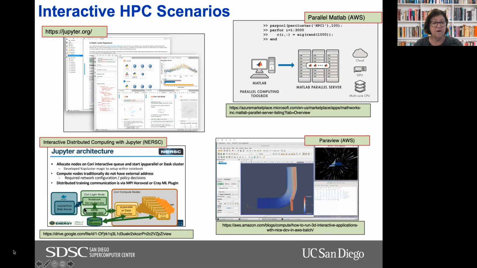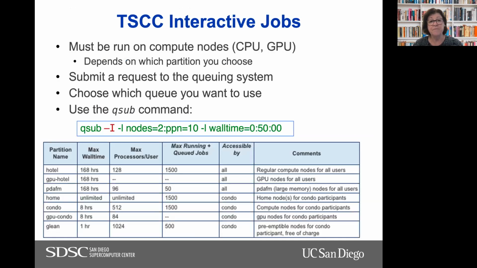And then there's distributed computing using Jupyter technologies involving Jupyter services. And then a commonly known HPC visualization tool is ParaView. You would want to launch ParaView on one or more nodes and then interact with it somehow on your local host. Those are just a couple of the scenarios that are evolving, and they usually involve big data in the back end and large resources, like even one node with a lot of memory, for example.